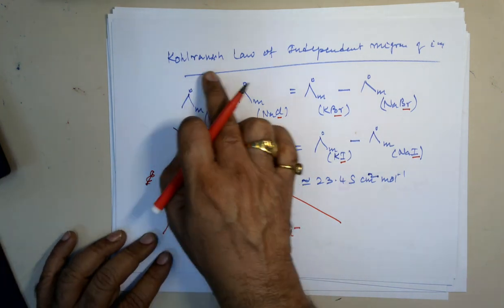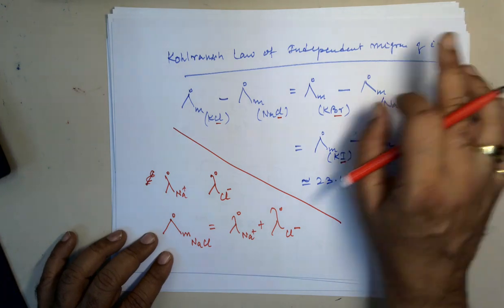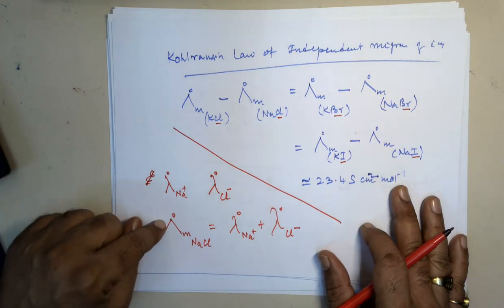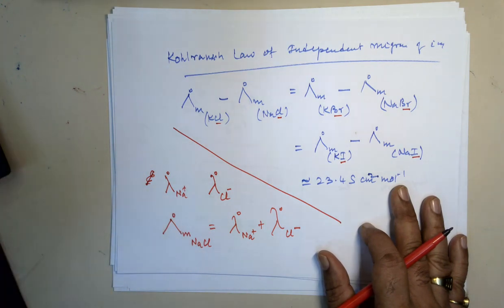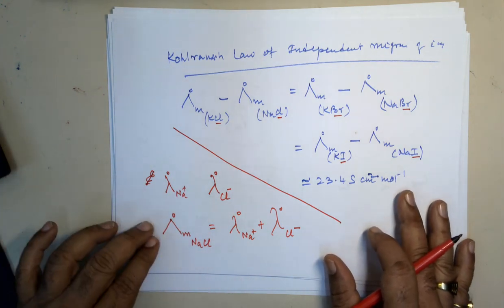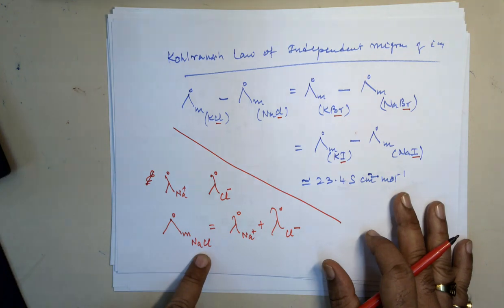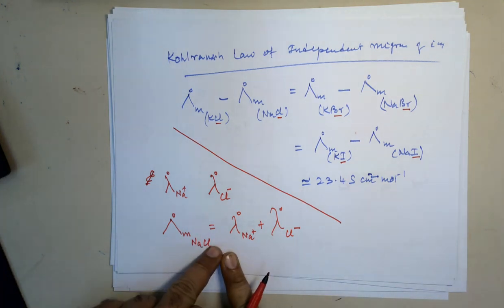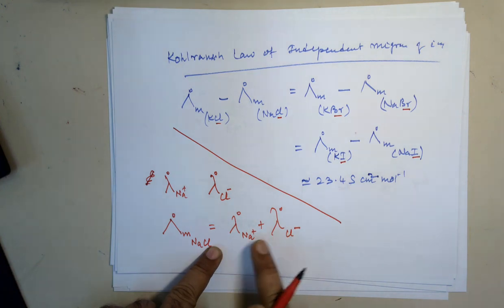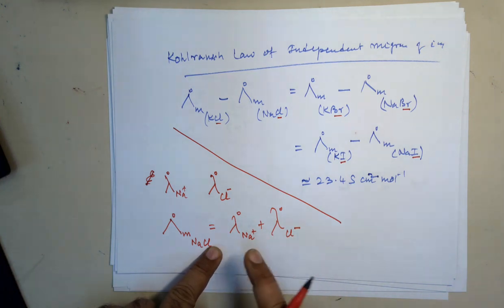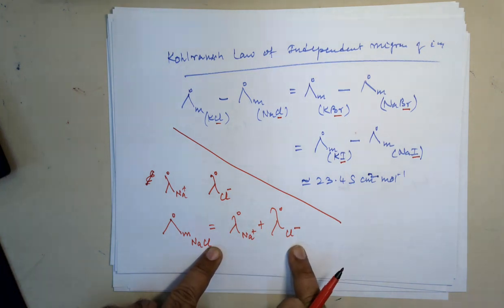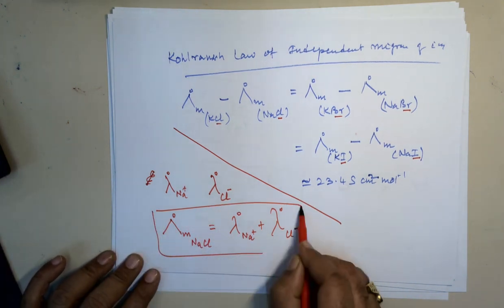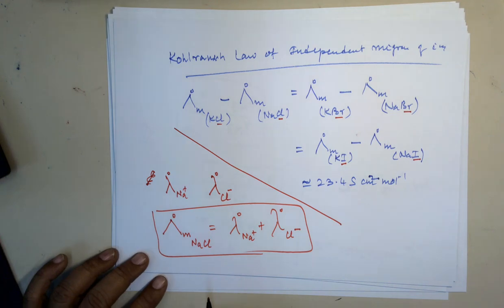So, what is the Kohlrausch law of independent migration of ions? This is nothing but the limiting molar conductivity, that means at infinite dilution. So the limiting molar conductivity of an electrolyte, in this case NaCl, is equal to the sum of ionic molar conductivities of the participating ions like Na plus and Cl minus. So you just make it as an equation, and based on that, you can easily define.